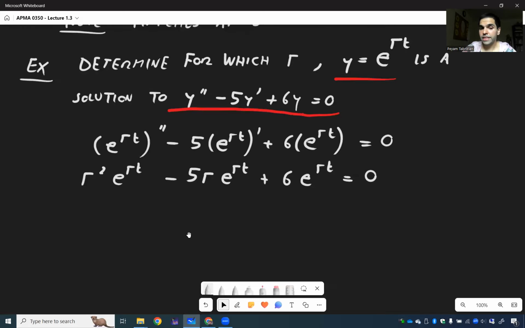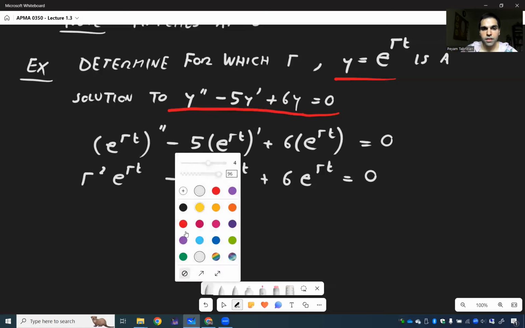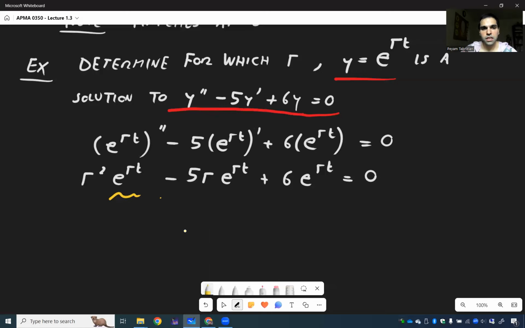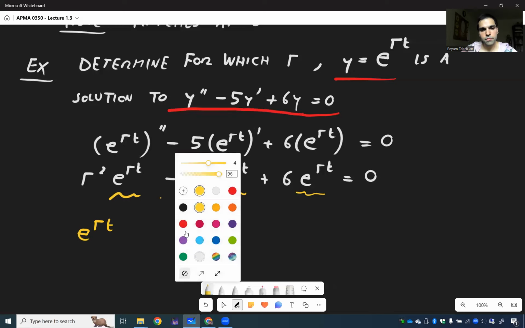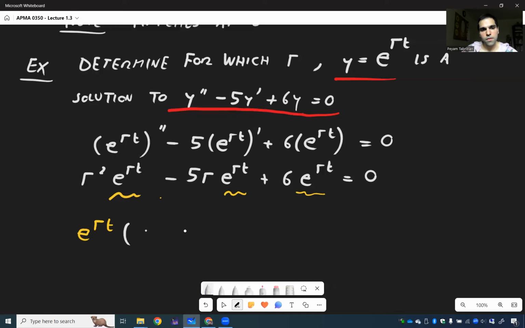Now notice there is this common factor of e to the rt. So let's factor this out. So we get e to the rt times (r squared minus 5r plus 6) equals 0.